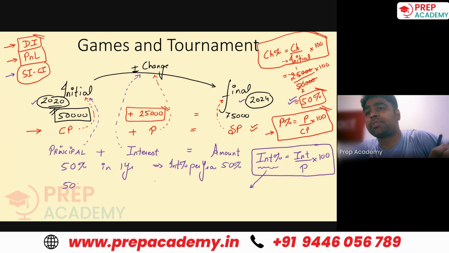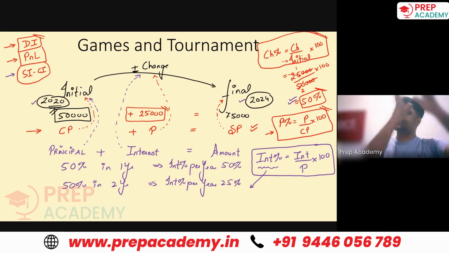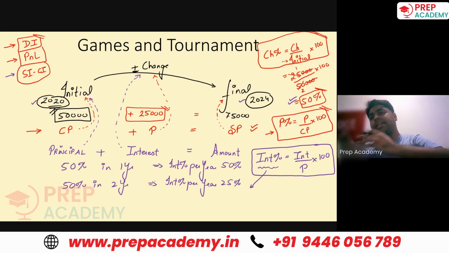If Henna gives me 50% only in 2 years, what would my calculation be? Interest percentage per year would be 25 percentage, isn't it? 25% the first year, 25% the second year.